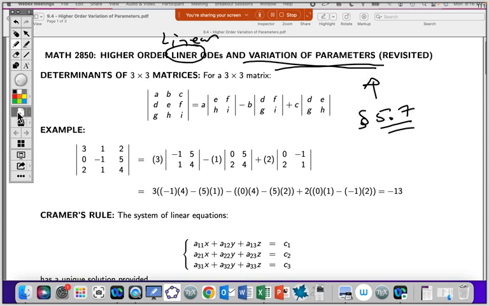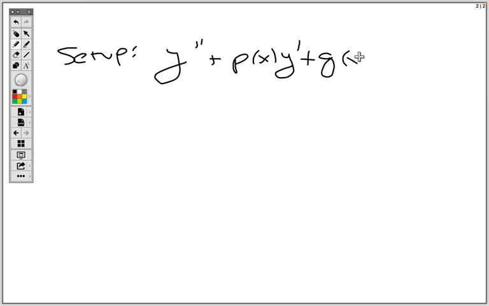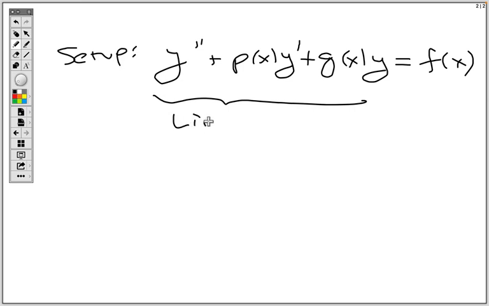And here was the setup. We had our y double prime plus p of x y prime plus q of x y equal to f of x. So we had a linear differential equation, and it was equal to something that wasn't 0.